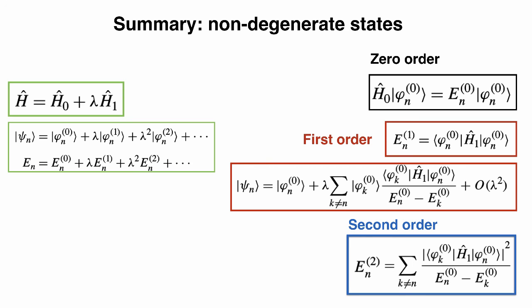So the summary for the non-degenerate state, I already showed you this slide a couple of times. We can calculate things at zero order, first order, second order. Here I'm not showing the second order correction to the eigenstate, but only to the energy.